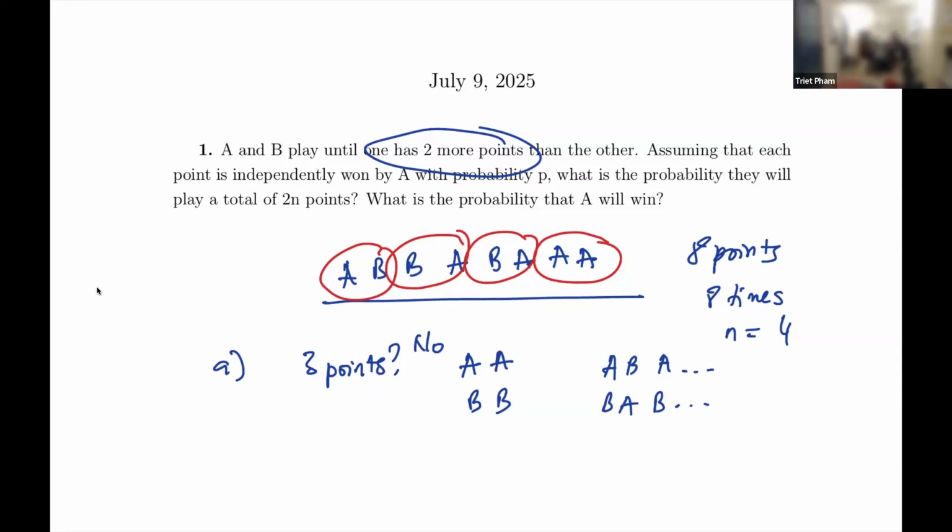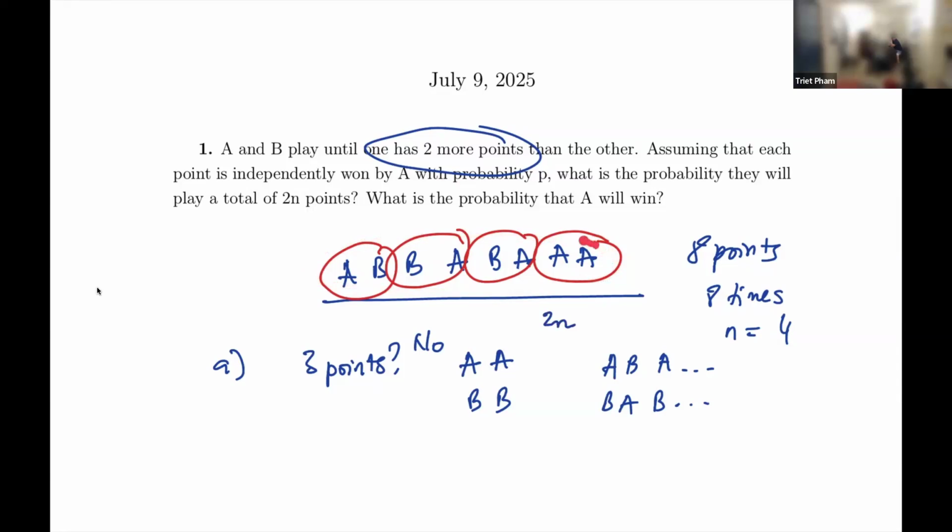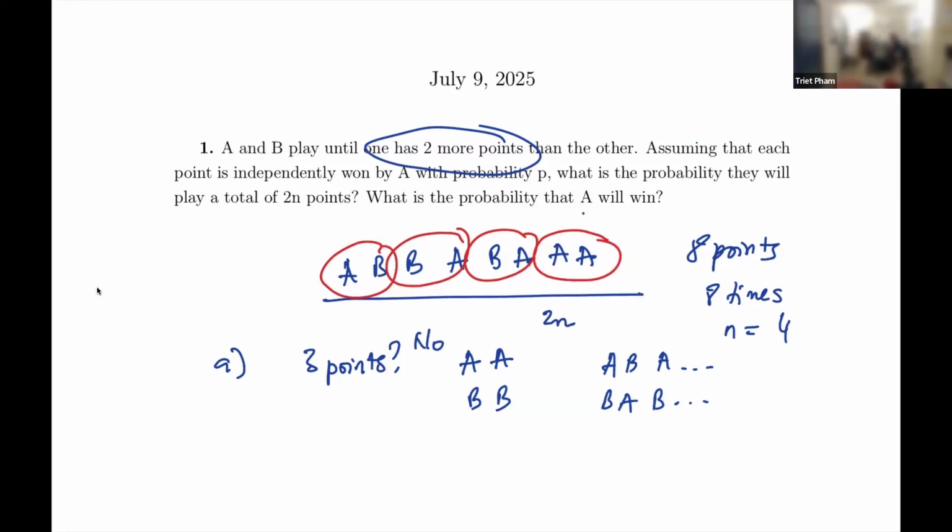So notice the structure of the game is such that if you look at this as 2n, the last round must be the determining round, meaning it must end when one of the players wins.